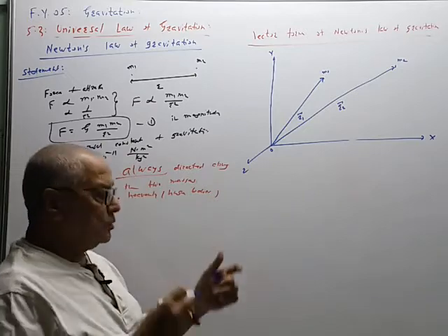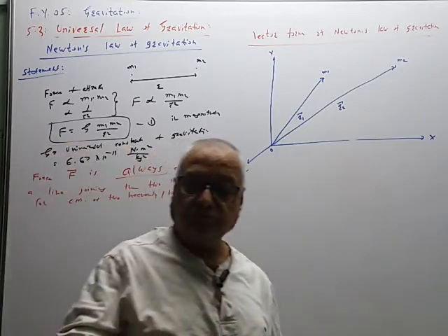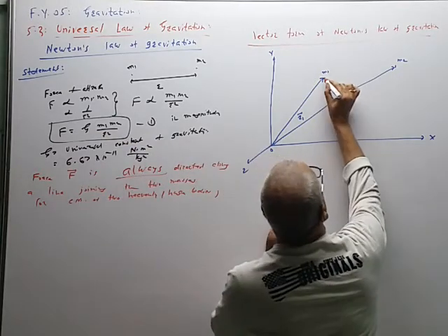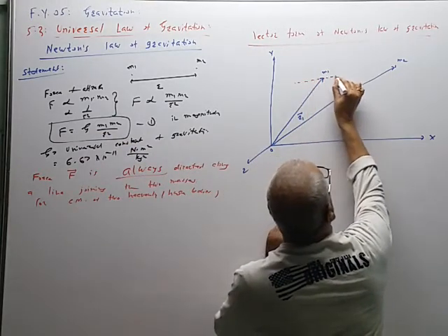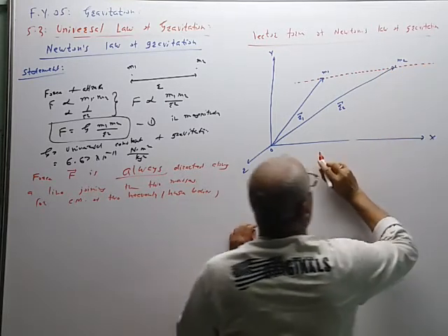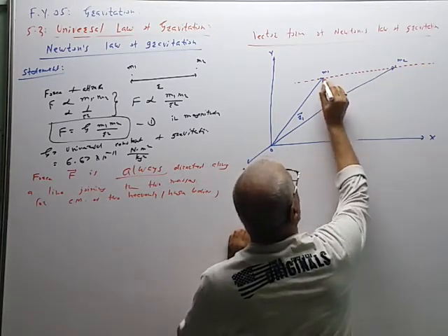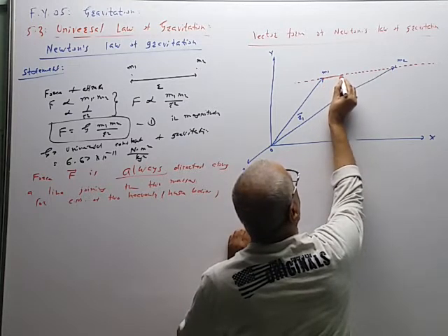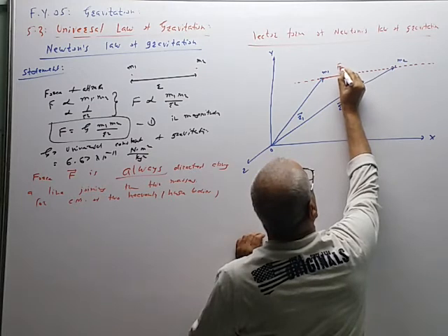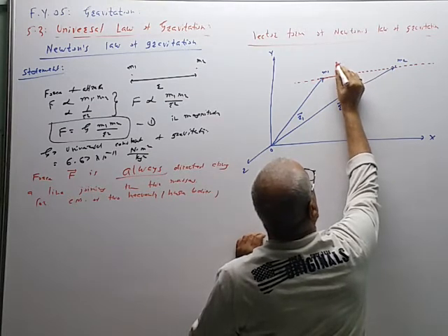Now these two bodies attract each other. So if we join the line joining them, then m2 will attract m1. So this force is directed in the direction of attraction, and this force will be denoted by F12.